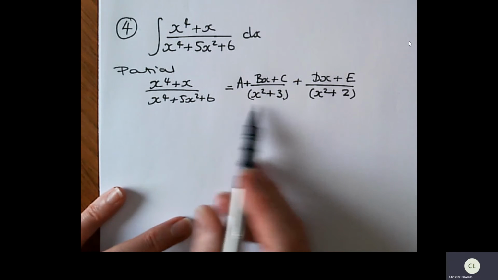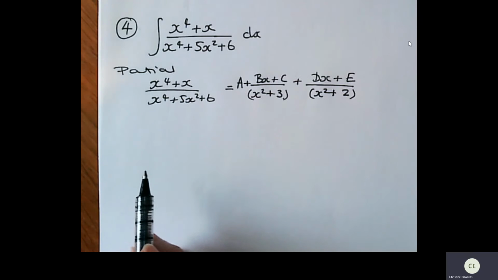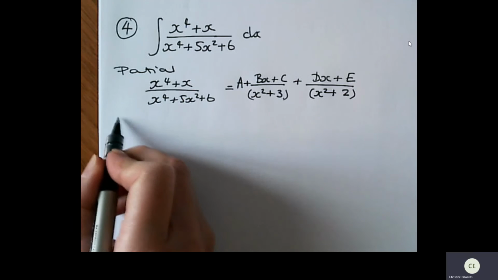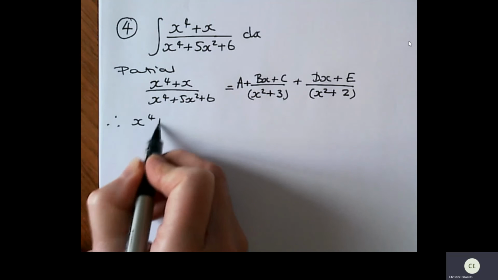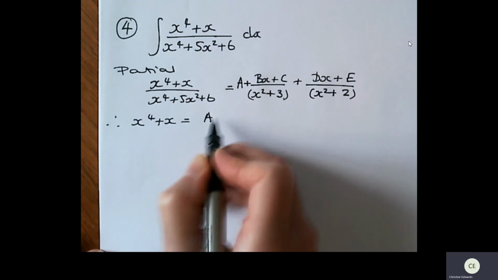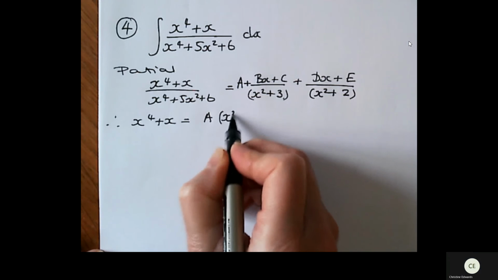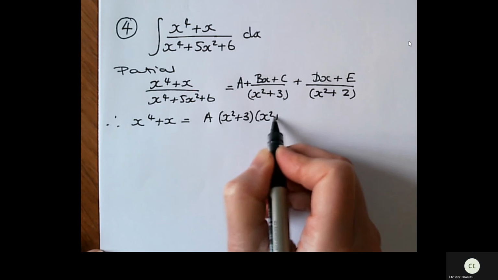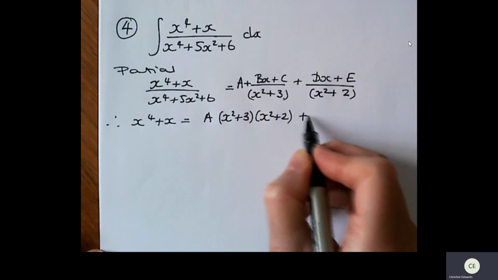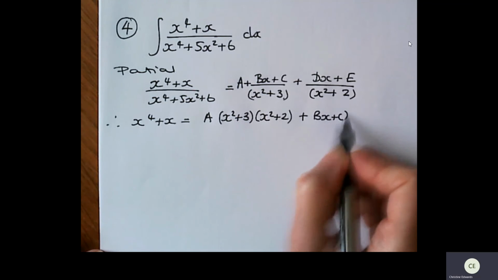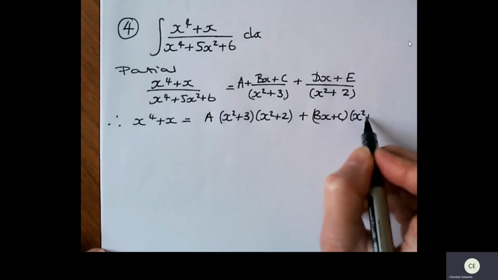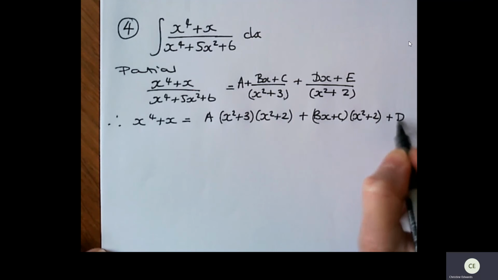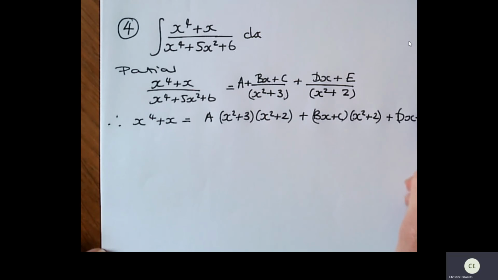So as you can see, my partial fraction work for this is going to be a little bit more onerous. However, we are using the same method. So x to the 4 plus x is going to be equal to a times both the brackets, and the bx plus c times x squared plus 2, and dx plus e times x squared plus 3.